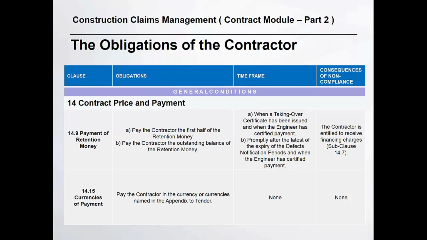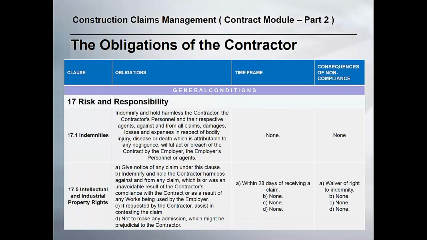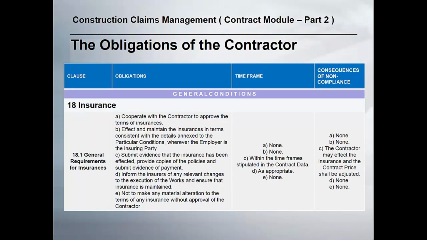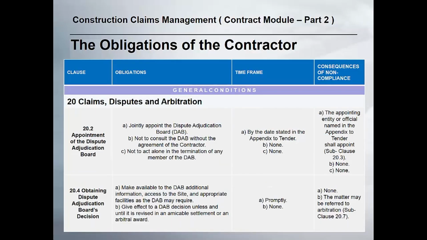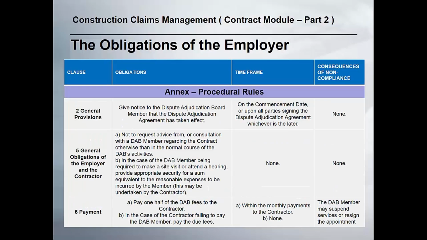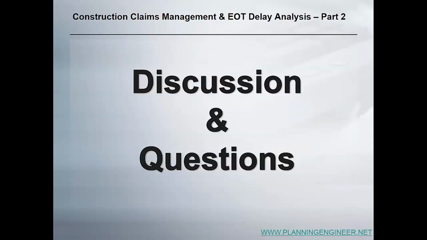That's why we separated this part, because you can print it and put it in front of you when you are preparing a claim, and you can easily find which clause you should read in your contract to find the relevant obligation to refer to your client. So this is the employer and contractor and consultant, or the engineer. Here the engineer means the consultant.